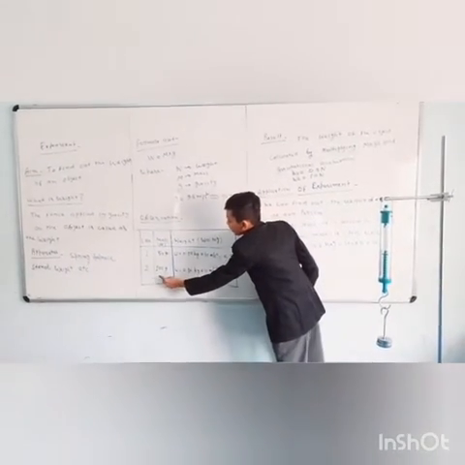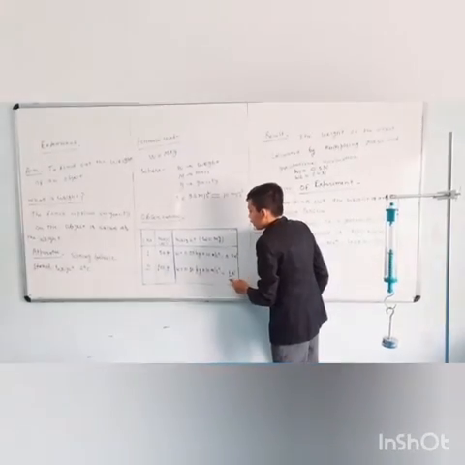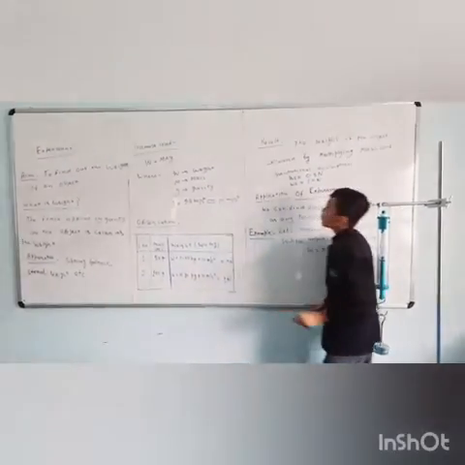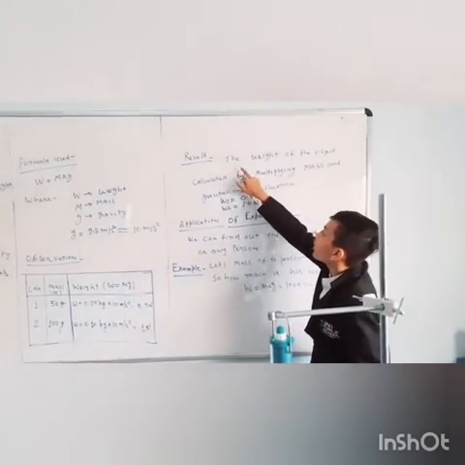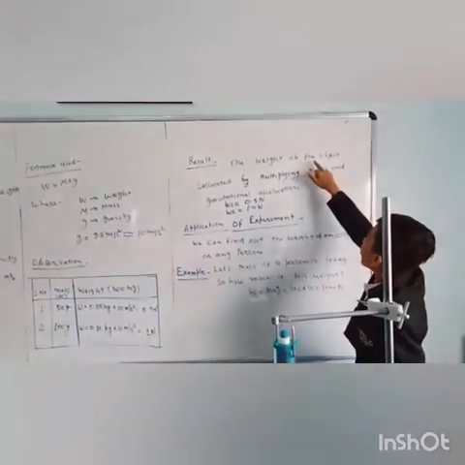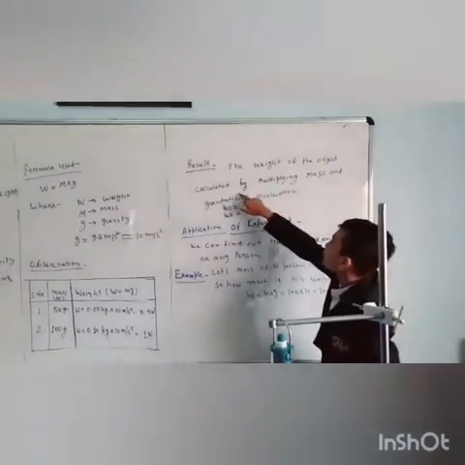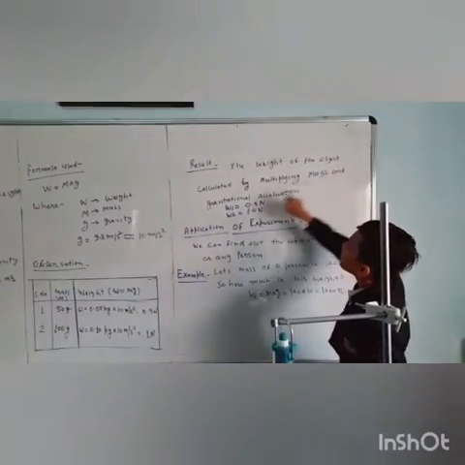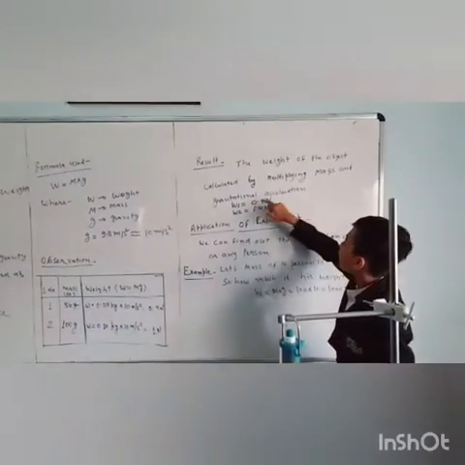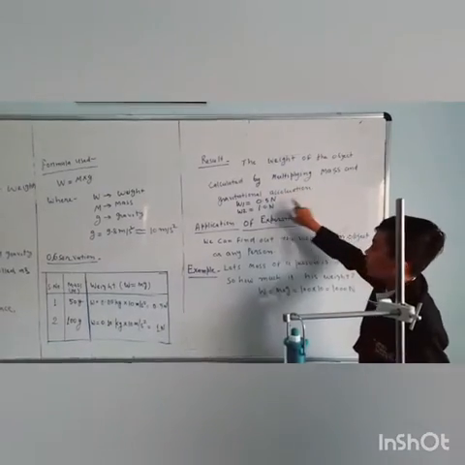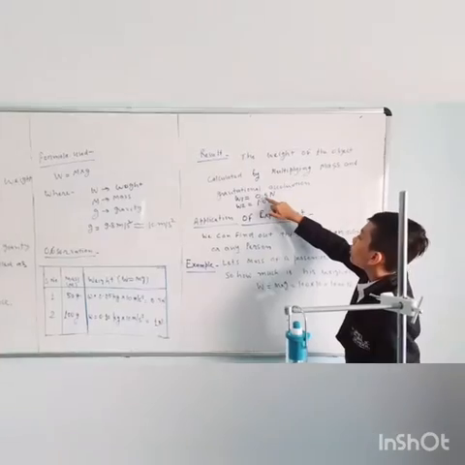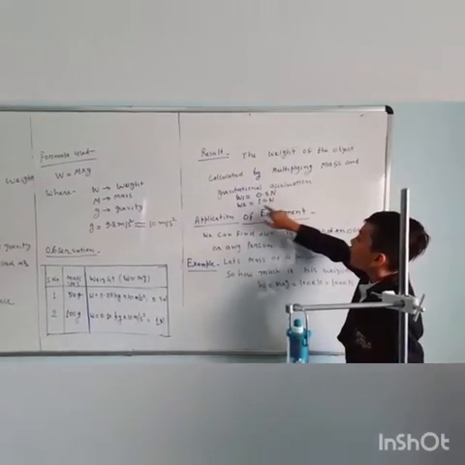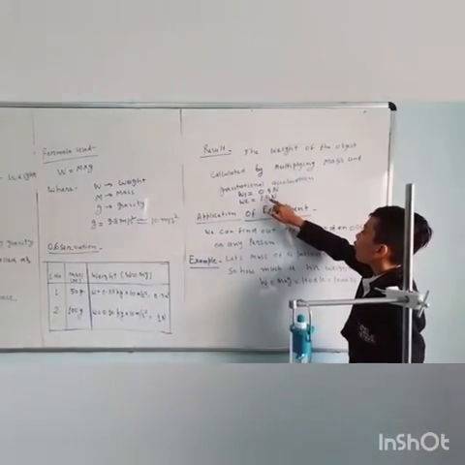If we have to weigh 100 grams, we will get 1 Newton. Now we will get the result: the weight of the object is calculated by multiplying the mass and gravitational acceleration. W1 equals 0.5 Newton, W2 equals 1 Newton.